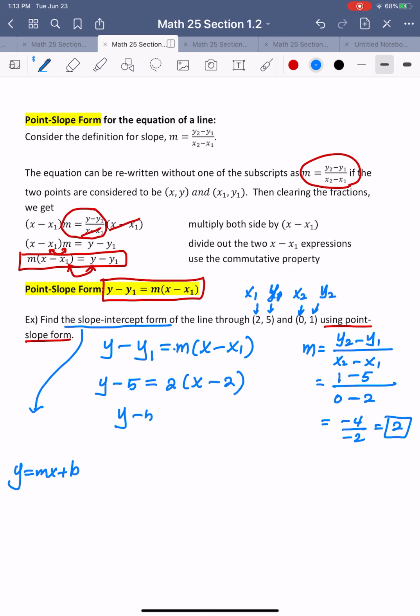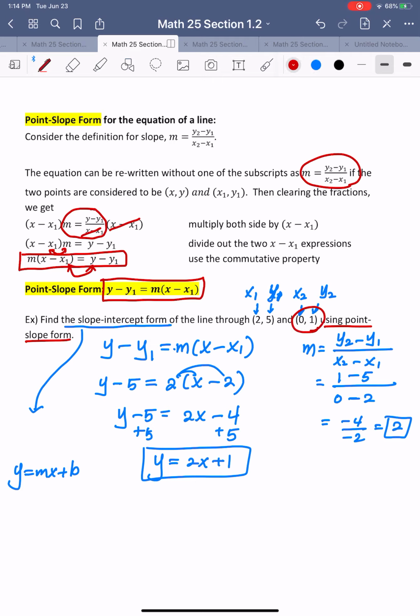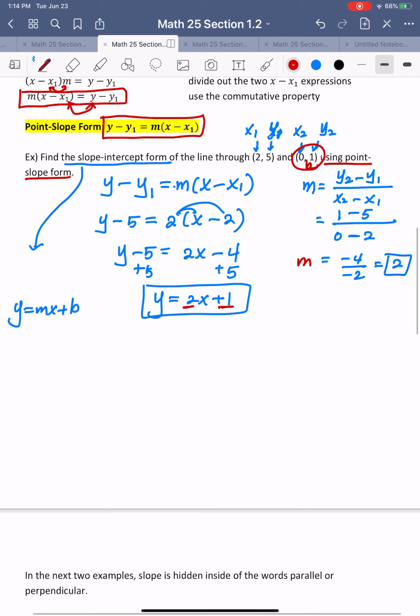So y minus 5, of course you cannot keep the parentheses, so distribute the 2, and then take away negative 5 from the left, and then you got 2x plus 1. But you can write the slope intercept form right away because one of the points is the y-intercept. So m is 2, b is 1. See, 2 and 1 right here, isn't it? Yeah, so it doesn't matter which points you use, okay?